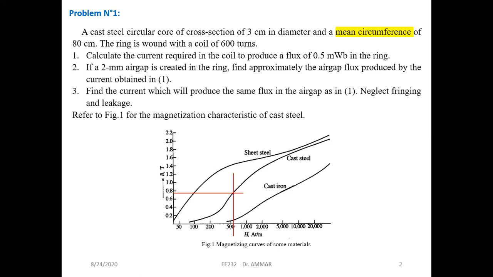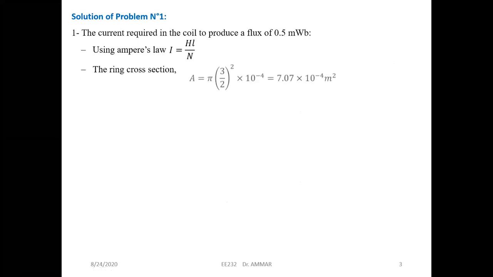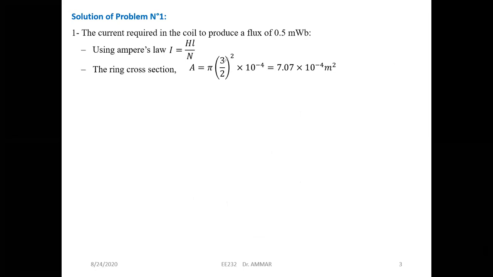So the cross section here is circular. In order to find B, we need to find the cross section firstly. Since the diameter is 3, the radius is 3 over 2, and the circular cross section is equal to pi times (3 over 2) squared, times 10 to the power minus 4, because, of course, the unit is centimeter.